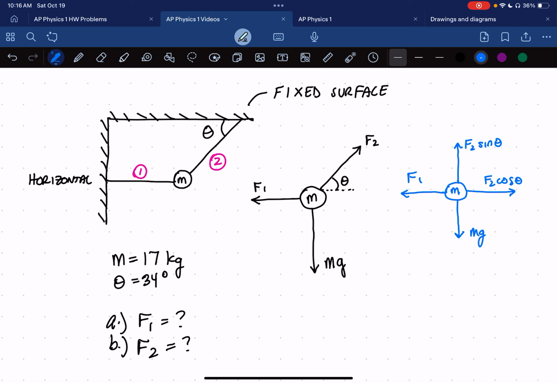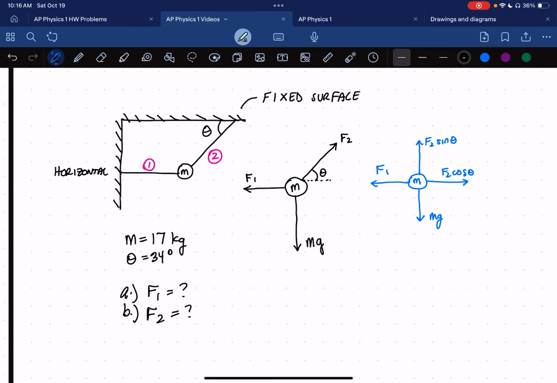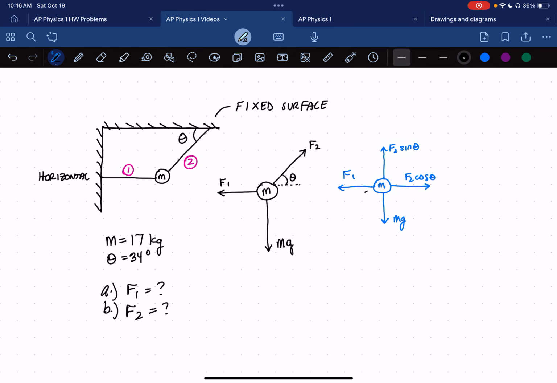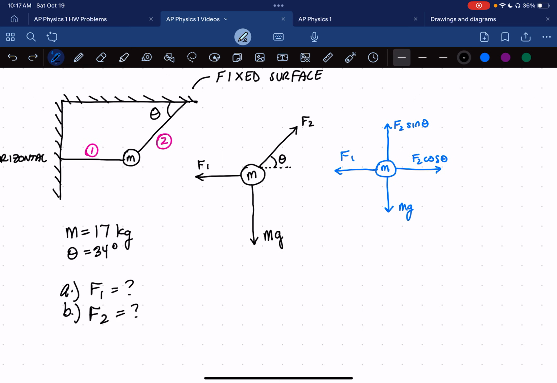And of course, there's no acceleration. So at this point, we look here at this free body diagram, and we just have to note that F1 is of equal magnitude to F2 cosine theta. That will ensure there's no horizontal accelerations. And mg is equal to F2 sine theta, because there is no vertical accelerations. So I'm just going to jump to making two statements.